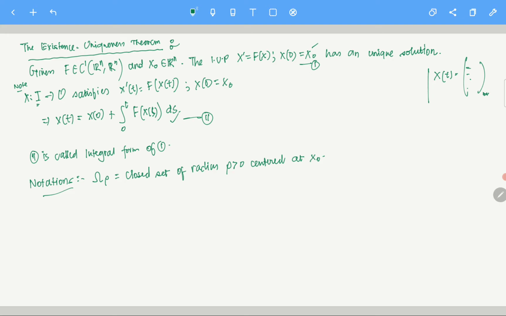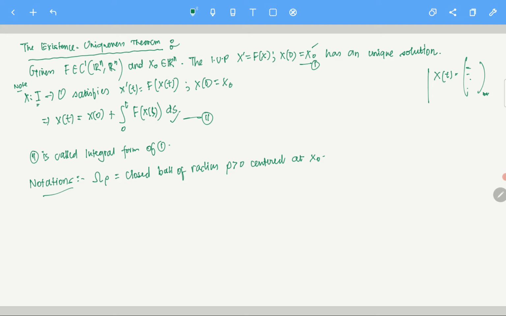I hope this is clear. x naught is a point in Rn. I am taking that point and a set with radius rho. Think of it as a ball, it's not a problem. So it's a closed ball of radius rho.